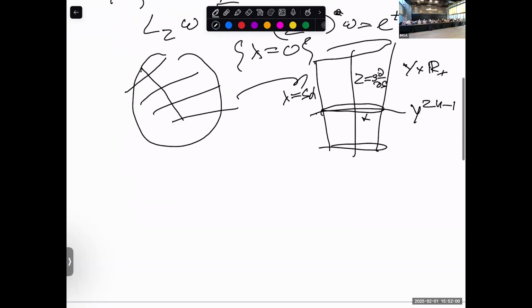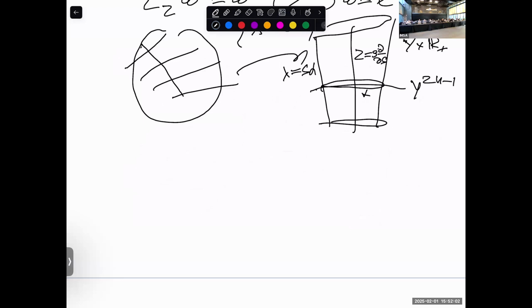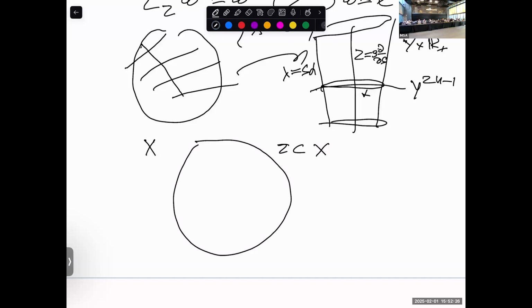This point of view also suggests looking at hypersurfaces. Suppose you have a symplectic manifold again, exact, but now I do not fix the primitive, and I'm looking at some hypersurface sigma inside X, and I'm asking if I can find a Liouville vector field which is transverse to it.